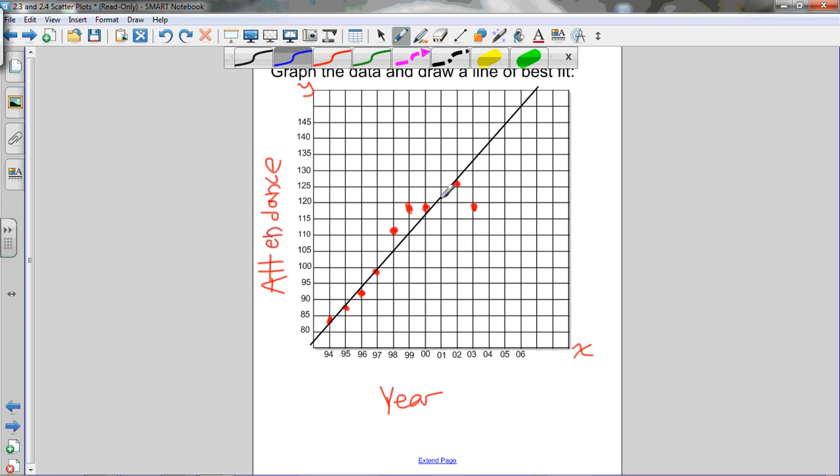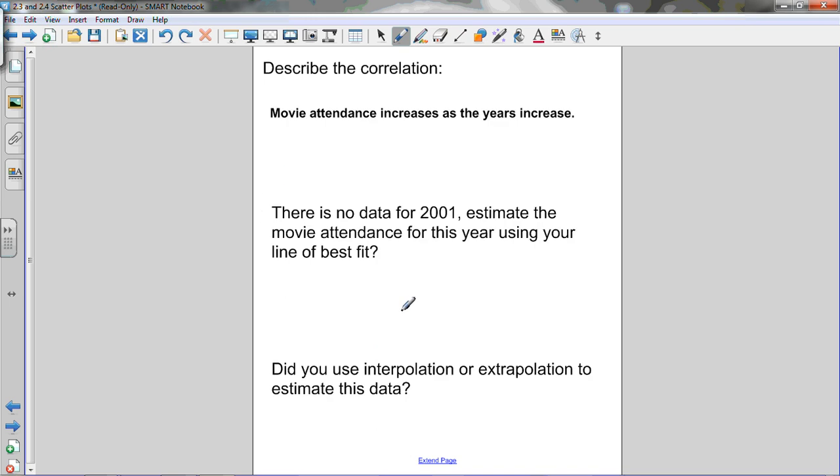And it looks like it's about 120. So go across to your attendance, and it looks like it's at about right here. It's about 122 million, I'll say. So there is no data for 2001. Estimate movie attendance for this year using your line of best fit. I'm going to say about 122 million.